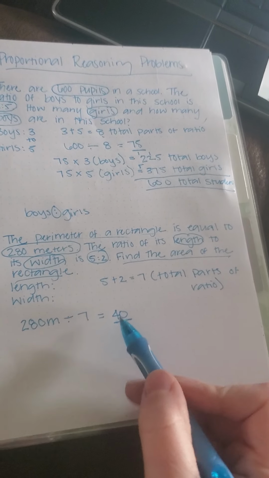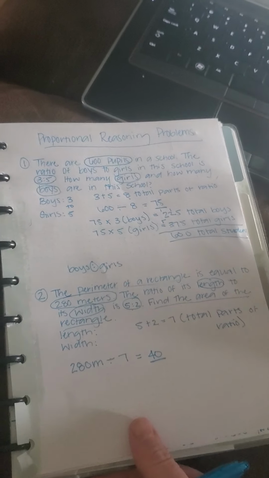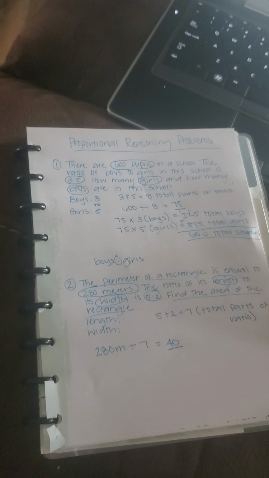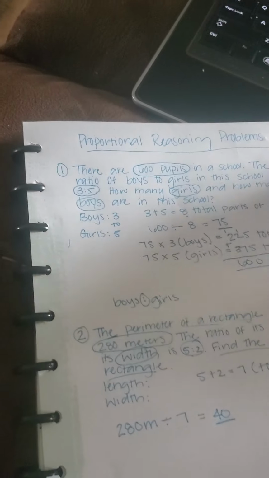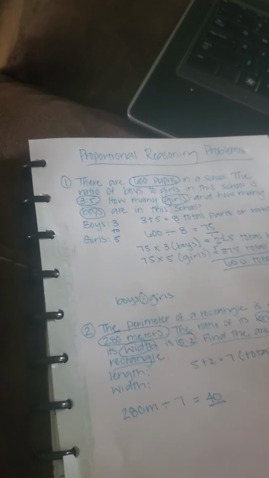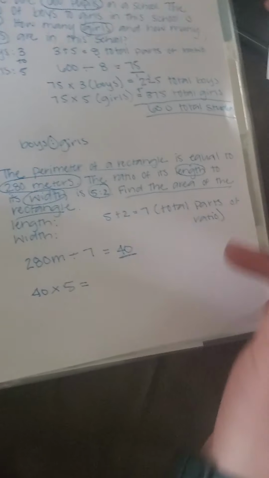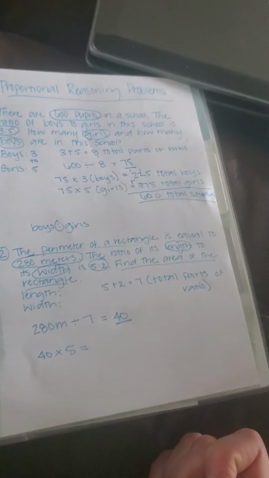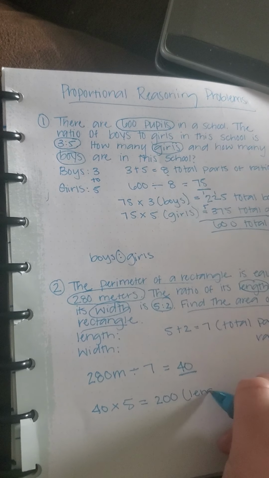We're going to use this number with each of our numbers from the ratio to find the length and the width. To find the length of the rectangle, we multiply 40 by 5. So 40 times 5 is equal to, very good, 200, and this is our length.